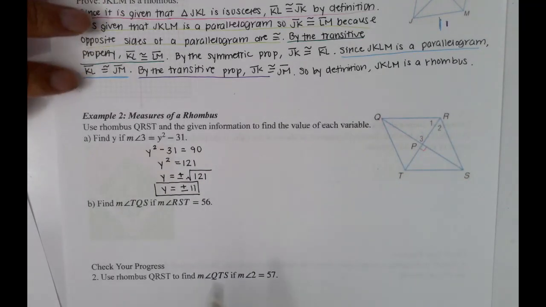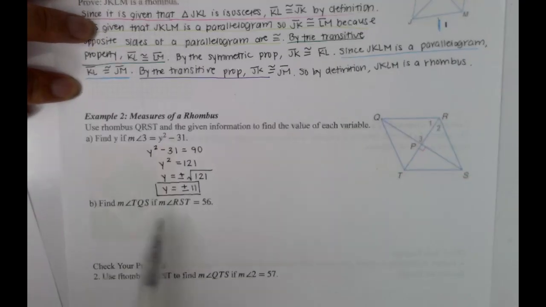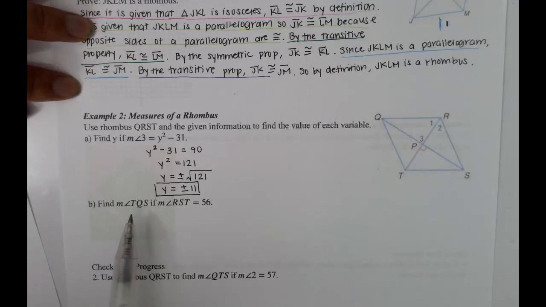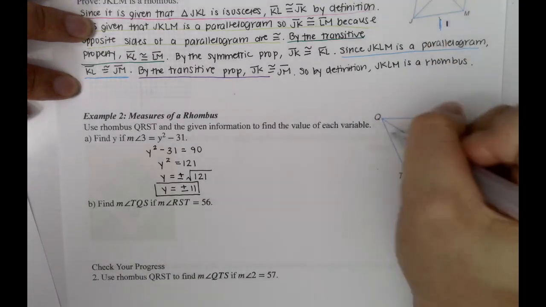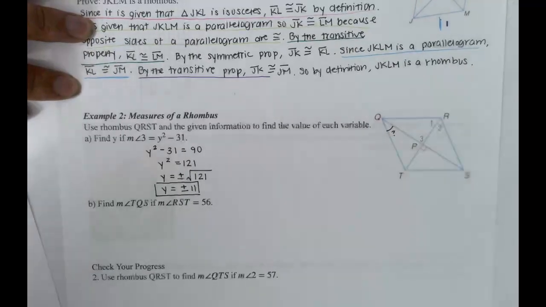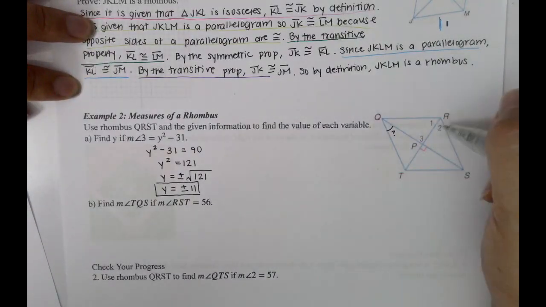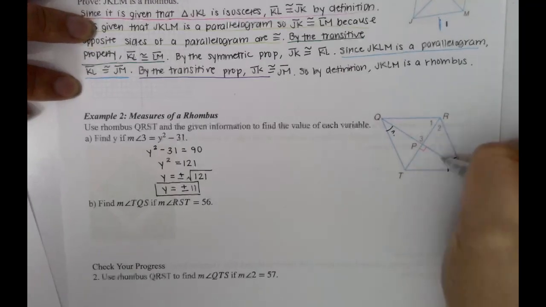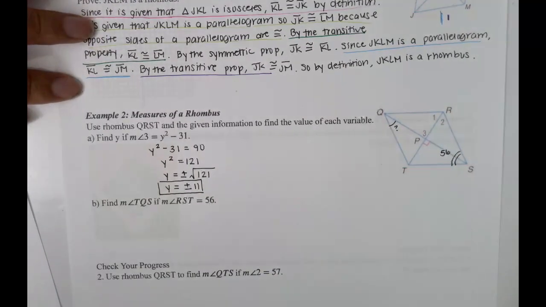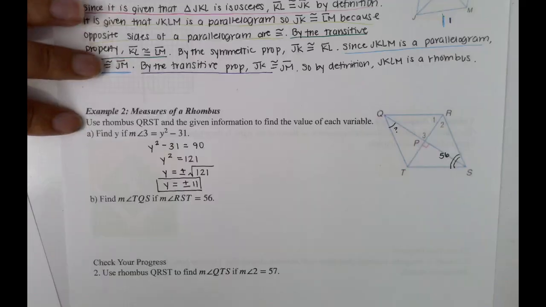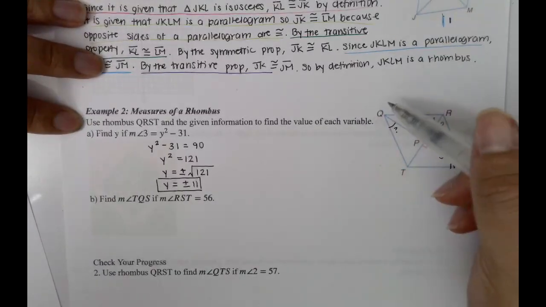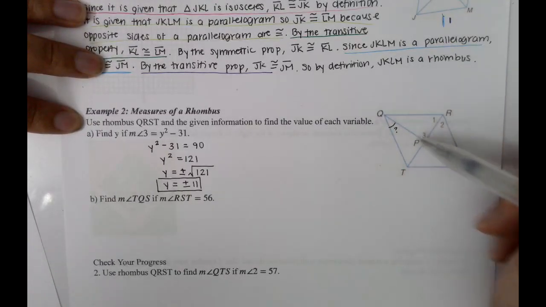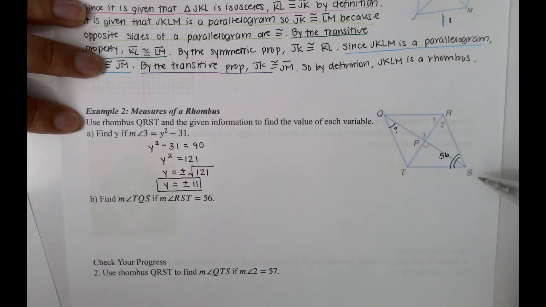Okay, then with 2b here, it wants us to find the measure of angle TQS. So TQS is this part here. And what we know is that RST, this whole thing, is 56 degrees. So what we know is that for a rhombus, the diagonals bisect opposite angles, right?